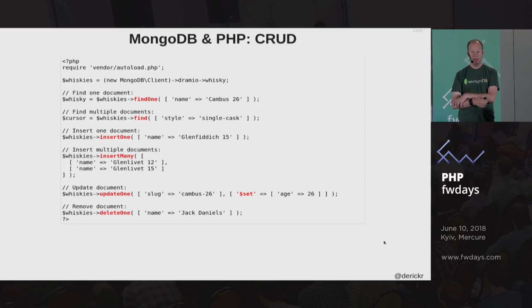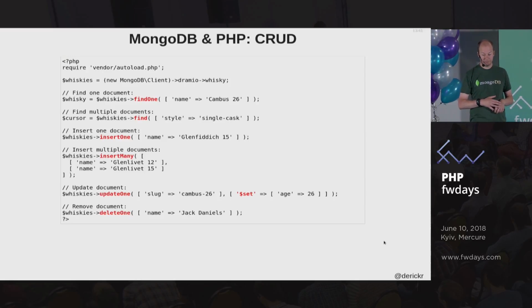In this case, you'll get a standard class object back with at least 2 fields, which is the _id field, because every document has one, and then the name field showing what the value of the name field is. And of course, all the other fields as well. Instead, if you want to find more than one document in one go, you use the find method. The find method returns an iterable object in PHP that you can foreach over to retrieve all the found documents from the database.